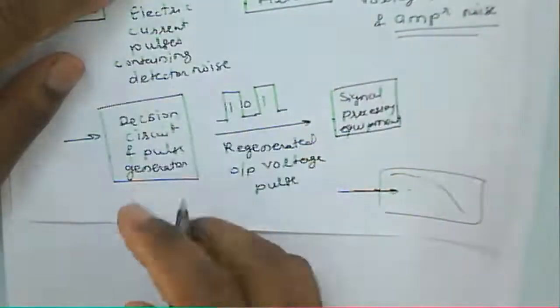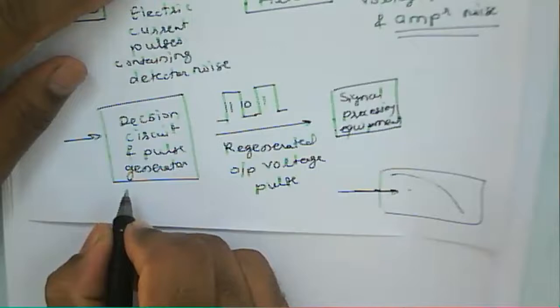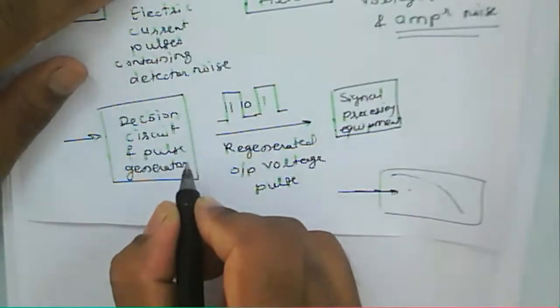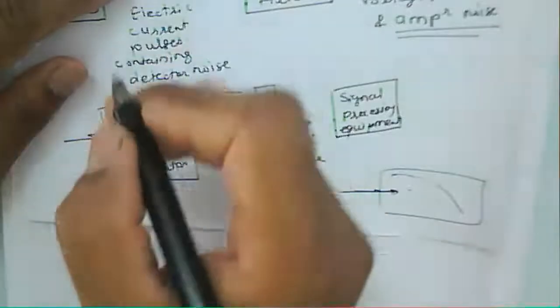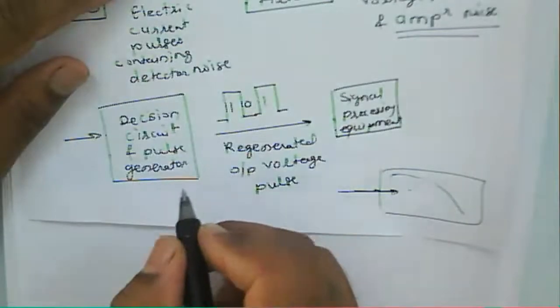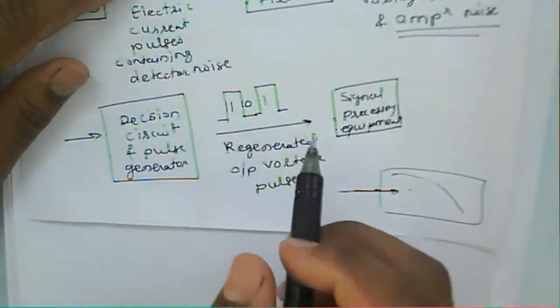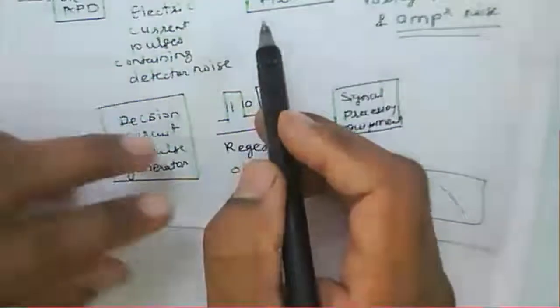Now then we require a decision circuitry. Why is the decision circuitry required? Because we need to make a decision regarding whether that information is 1 or 0. So what do 1 and 0 mean?